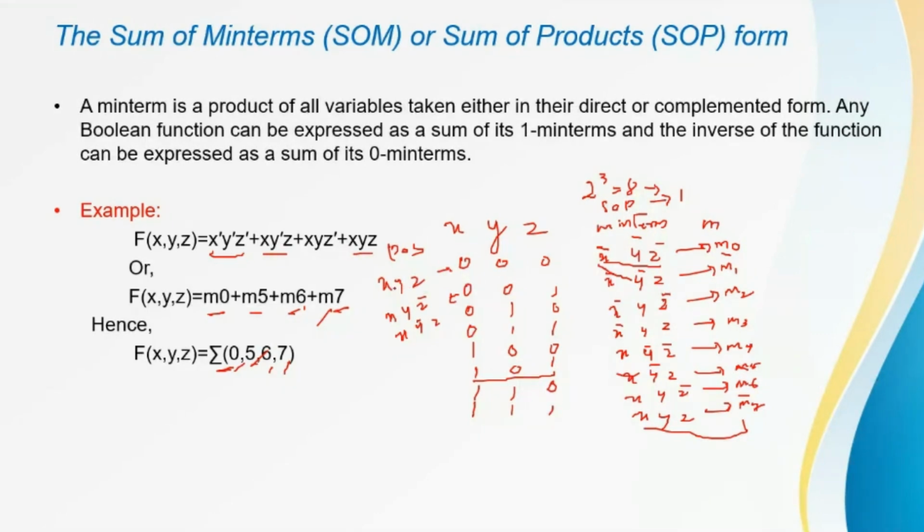So here you have to add plus. Okay. x plus y plus z, x plus y plus z bar, x plus y bar plus z. Here it will be x plus y bar plus z bar, x bar, because 1 is there, plus y plus z.